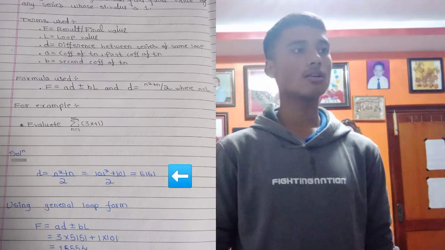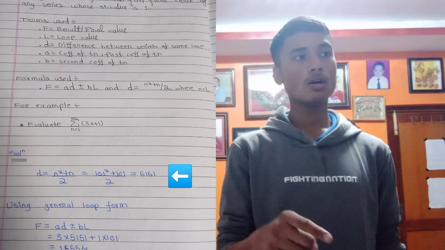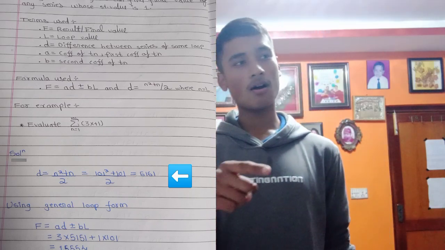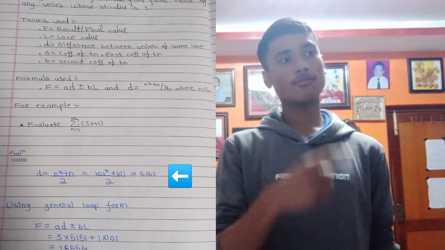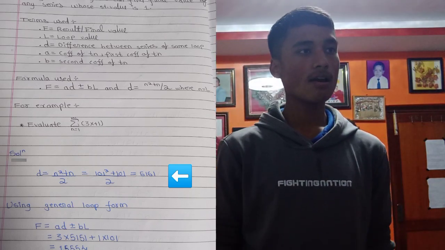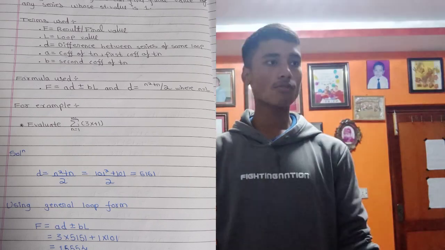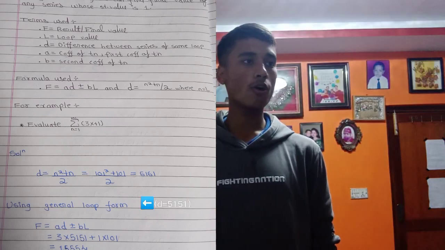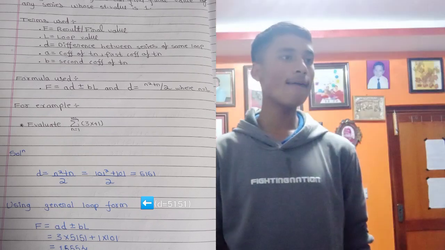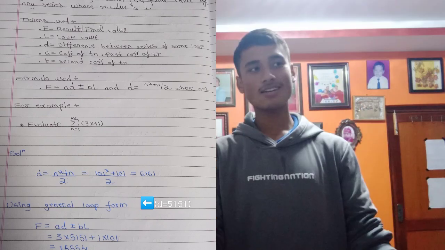In this case, the looping value was 101, and I put 101 into the general term of the common difference, which was n squared plus n by 2. I substituted it for the value of n, which gave me 5151. Now we put this value into our formula of general loop form, which is F = AD ± BL, and there you go, the answer is there.